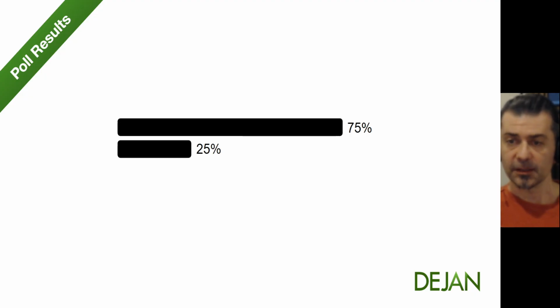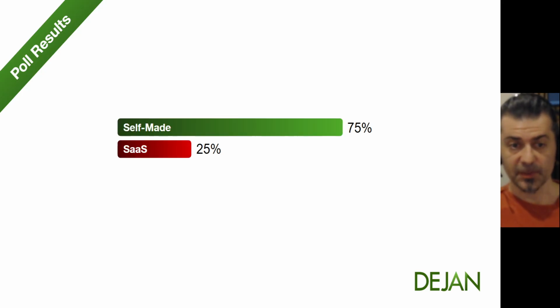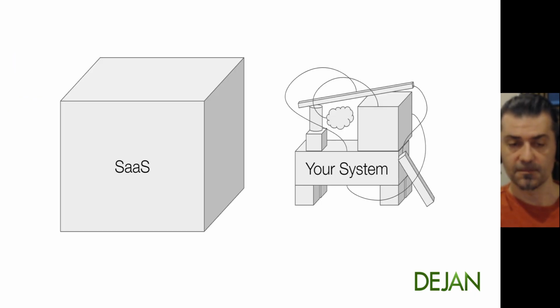I did a survey on how many people use self-made solutions and how many use software. And unsurprisingly, among my circle of followers on Twitter, a lot of people do their own solution. So that just says something about the adoption rate of self-made software for the purposes of classification.